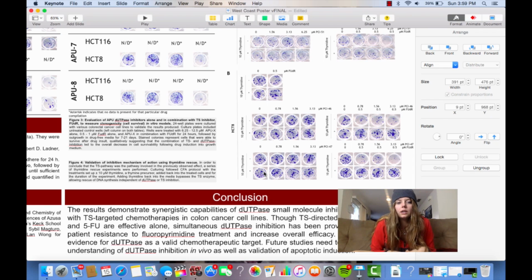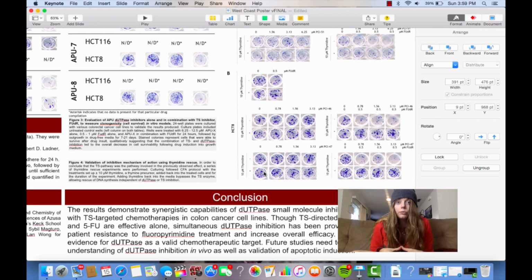Further studies need to be conducted for understanding of DUTPase inhibition in vivo, as well as validation of apoptotic induction. So what we now need to do with this drug is see how DUTPase inhibition in humans works. Well, we wouldn't go directly to humans, you'd go to mice next. See how it works inside of an animal with cancer.